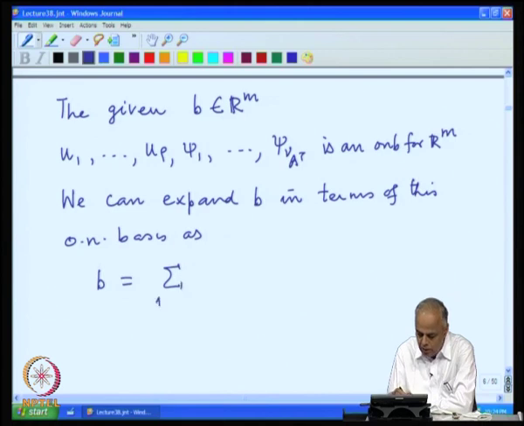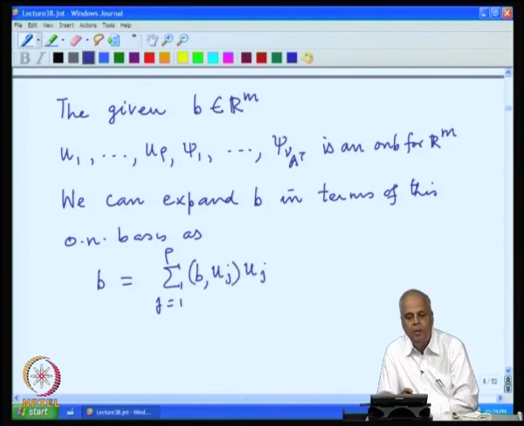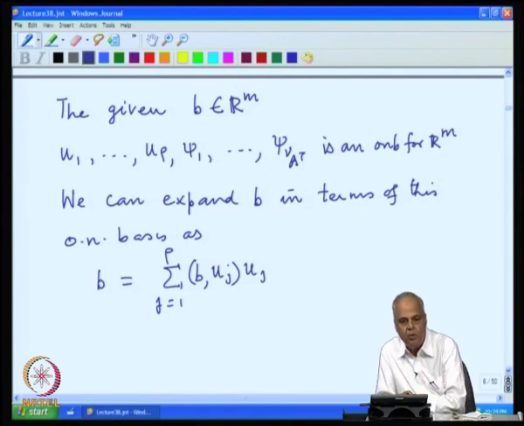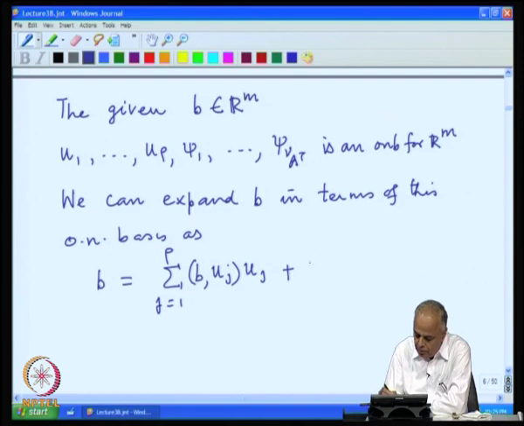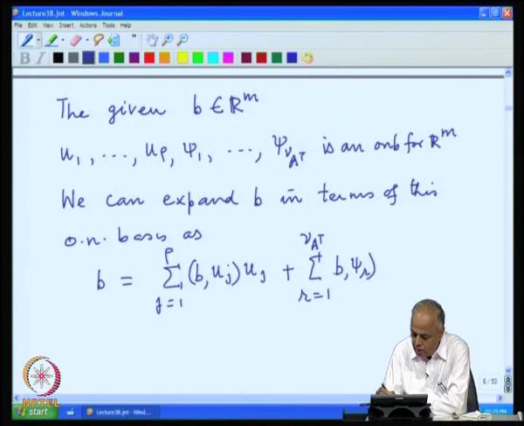First, let us look at the components in terms of the u vectors. So, the sum of <b, u_j> u_j, because we have an orthonormal basis, the component along u_j direction will be precisely the inner product of b with u_j, plus the components along the psi directions, sum over r equal to 1 to nu(A transpose) of <b, psi_r> psi_r.